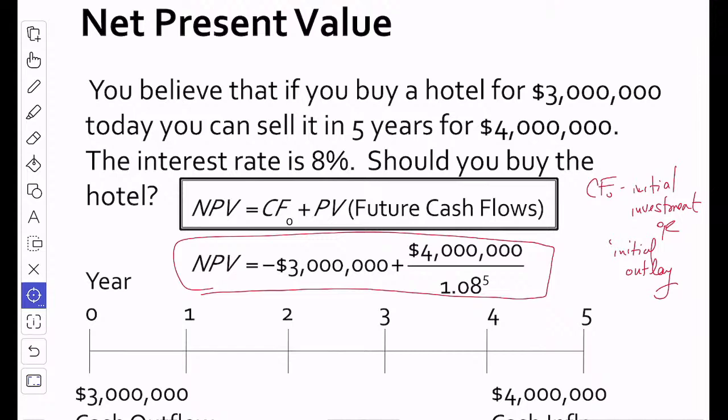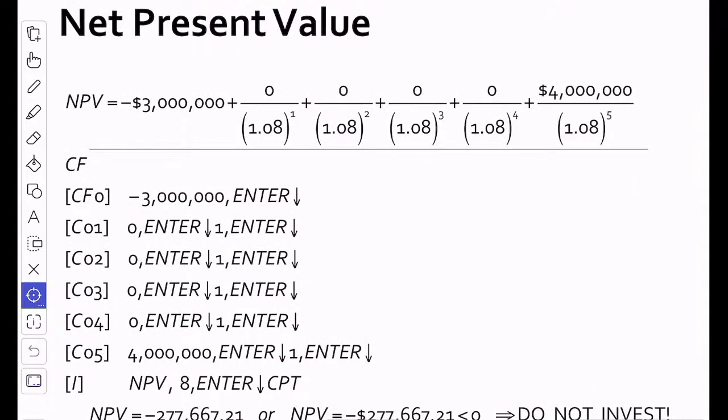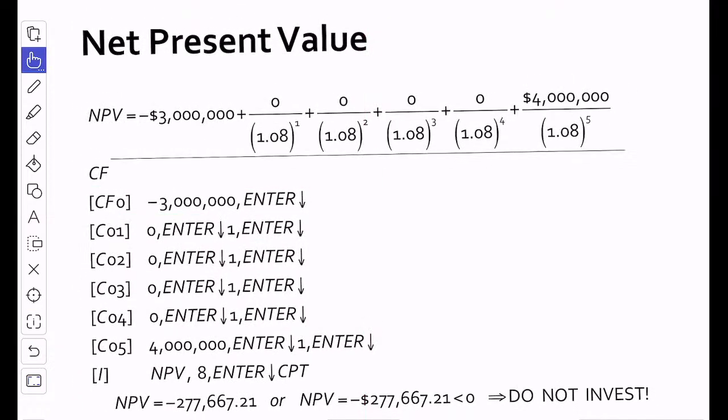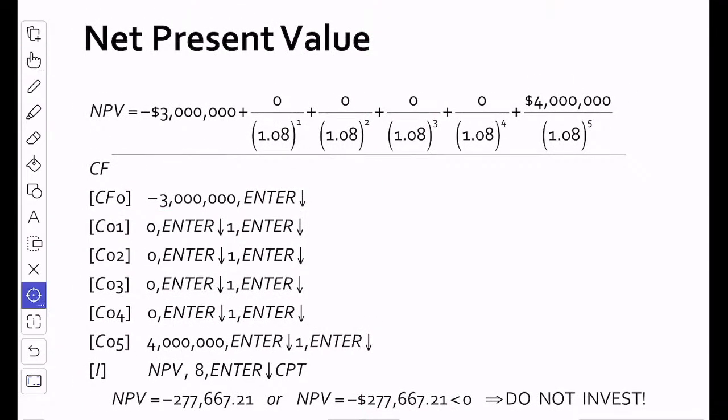Now, how do we do this in the finance calculator? These are all the details of how you enter that into your finance calculator, if you have the TI BA II Plus. I've expanded the formula here because it explains what we're doing. The calculator, if you use it this way, and I'll show you another way, using the CF cash flow keys, you need to give a place mark.